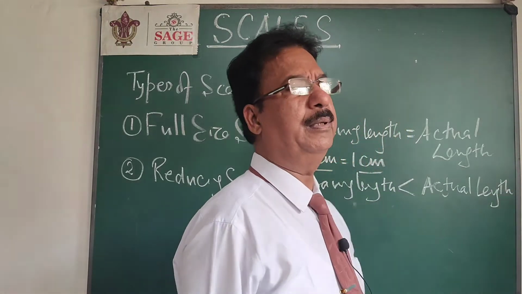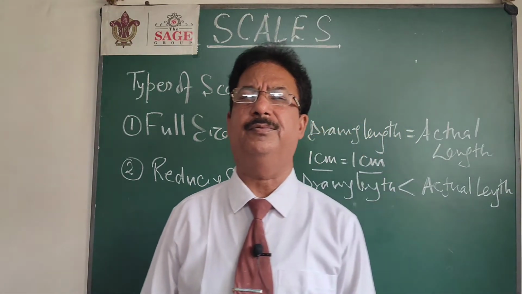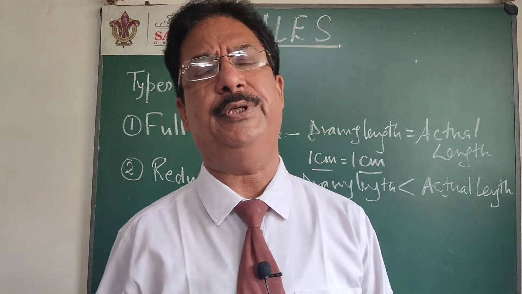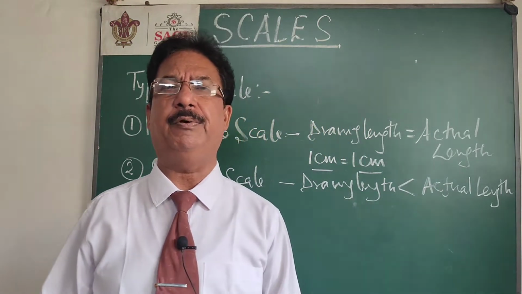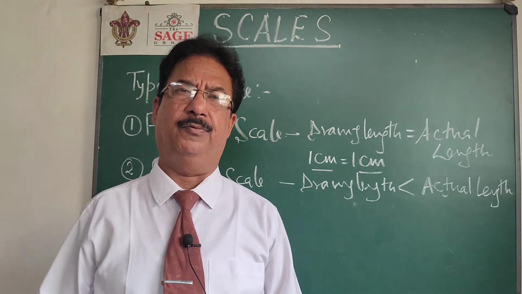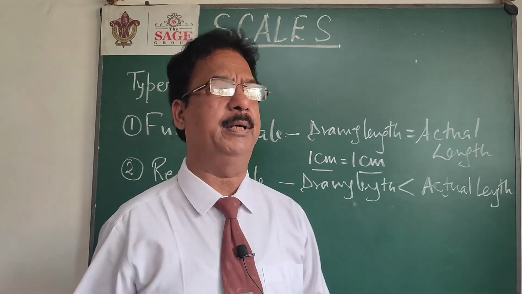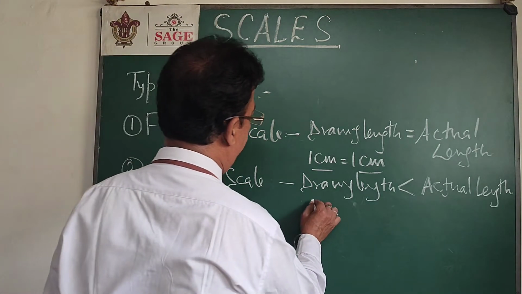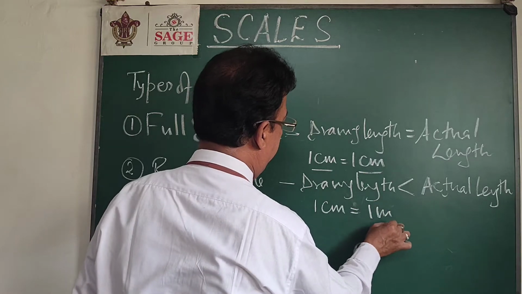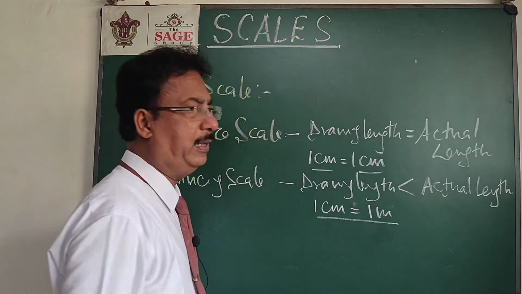So for any object which is bigger, that is not possible to draw on the actual size, we are going to reduce. In what proportion we will reduce, that will depend on us, what will be suitable for that particular object. For example, if I say 1 centimeter equals 1 meter, it means the object's actual length is 1 meter.